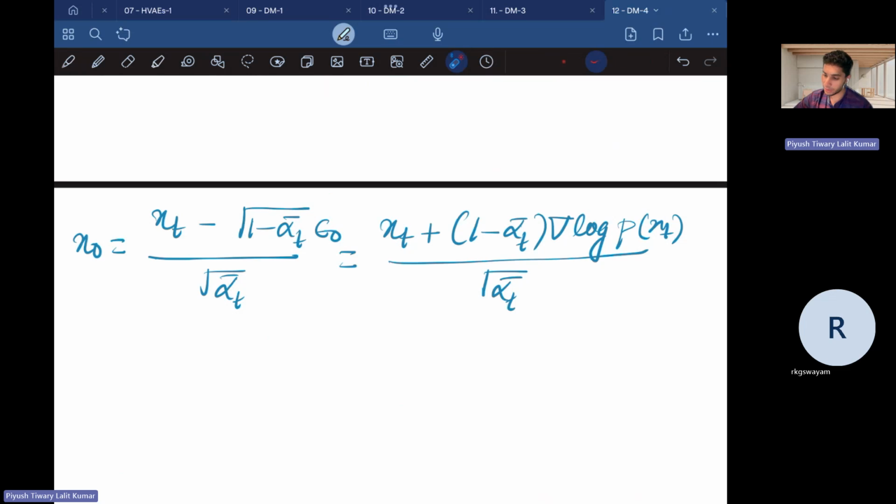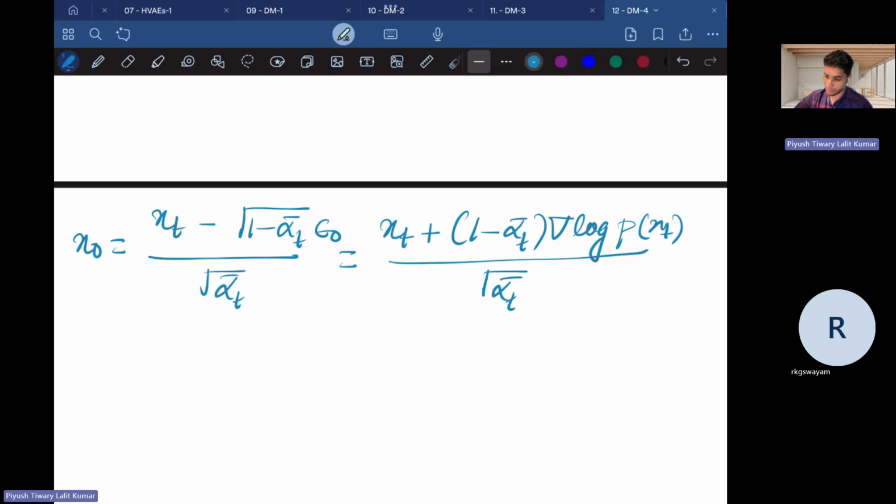Now, a natural question to ask is, we know the relation between x naught and epsilon naught. We know the relation between x naught and the score function. A logical question to ask is, what is the relation between epsilon naught and the score function?